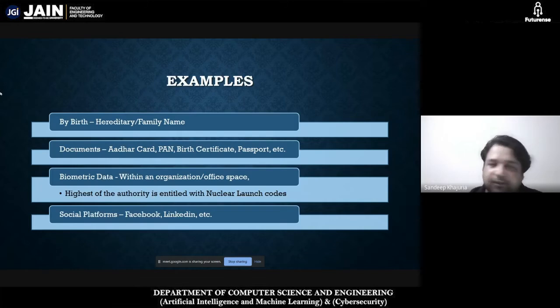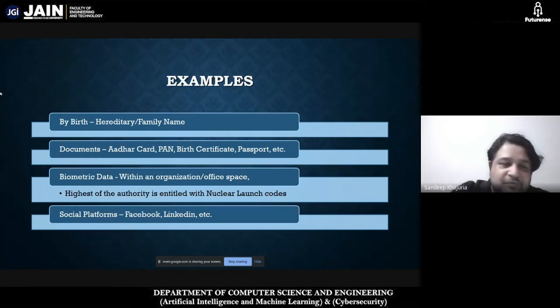They want your fingerprint, even if it is for your attendance or whatever purpose. But yes, your biometric data can also establish your identity. The best example that I have written here is that not everybody can have access to nuclear launch codes. So obviously it would be the prime minister or the president, depending on the country, right?